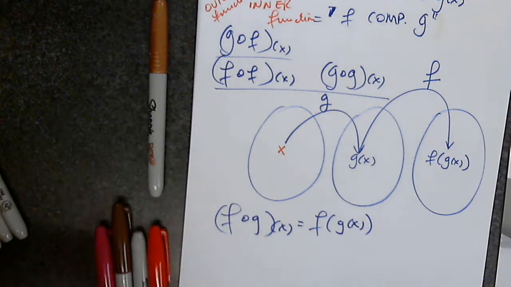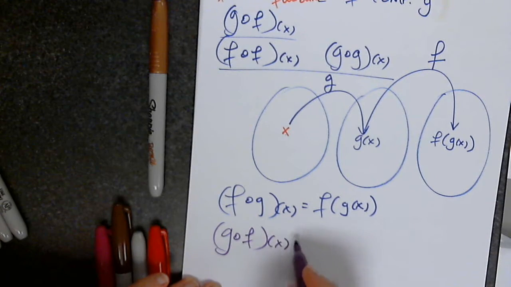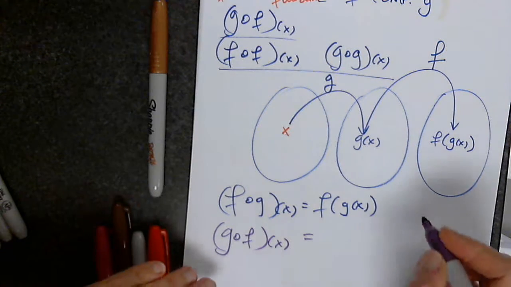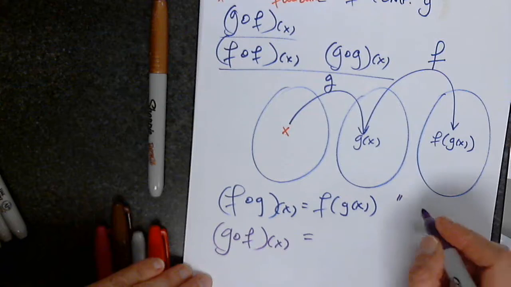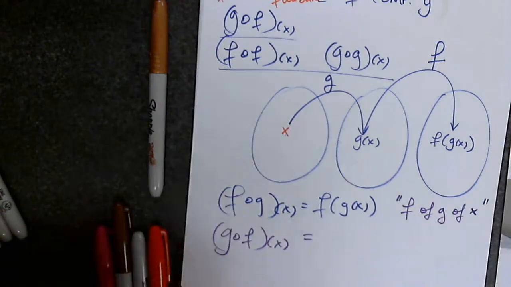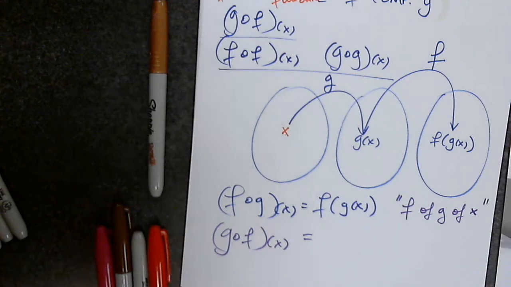How will I determine g comp f? Can anyone give us the definition of g comp f of x? So one more time, let's write how we read this. F of g of x. So what about g comp f?